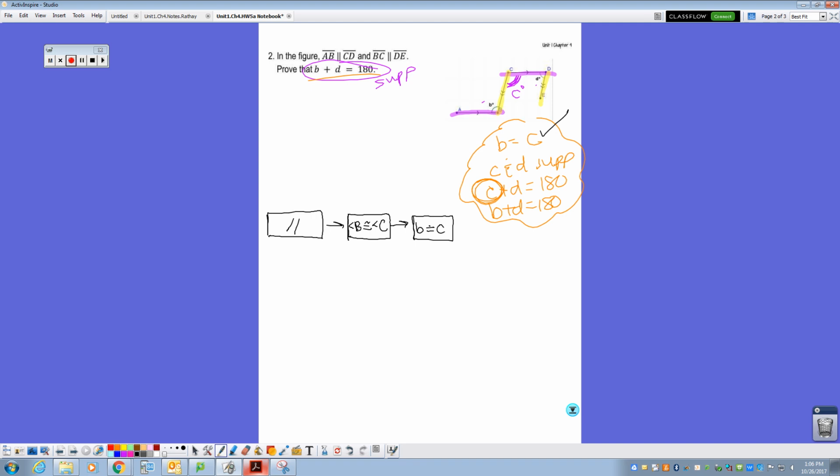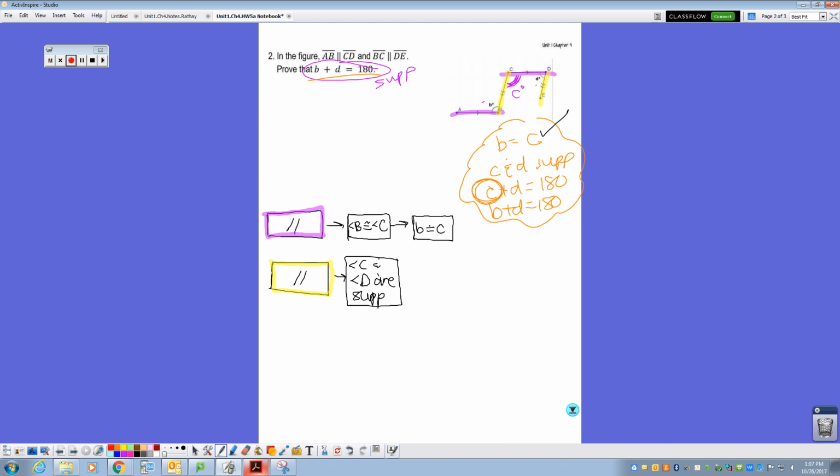Now I have to try to get my supplementary angles. Well, the supplementary angles, those came from the yellow parallels. So my yellow parallels, we'll make our hints even a little nicer here. My yellow parallels versus my purple parallels. So the yellow parallels tell me that angle C and angle D are supplementary.